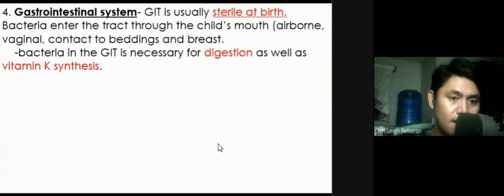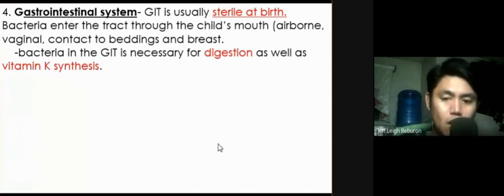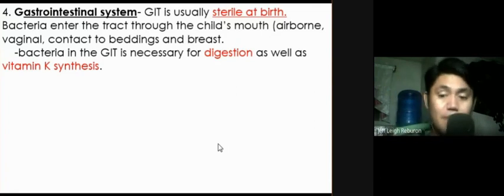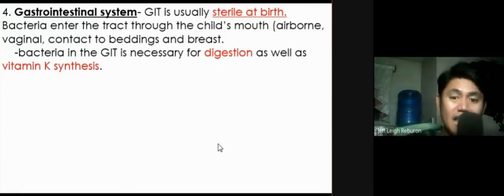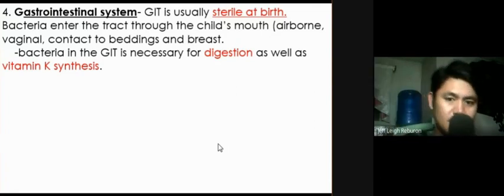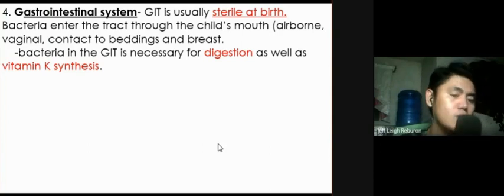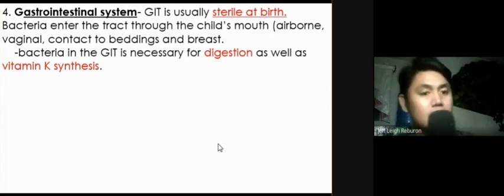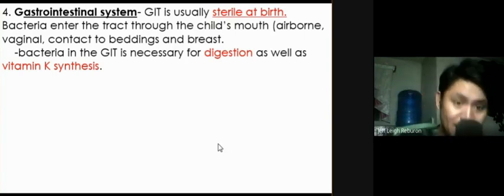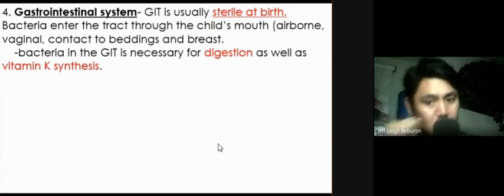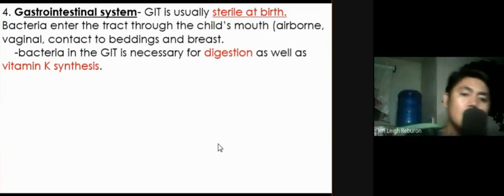Now, the bacteria will only enter your gastrointestinal tract through the child's mouth from the external environment. Ano pa? Dadaan siya kasi sa vagina. And the vagina is also full of microorganisms. And contact to beddings and breast. So, amalan na di ubing di beddings, amalan na di breast, may mga microorganisms po yun doon.